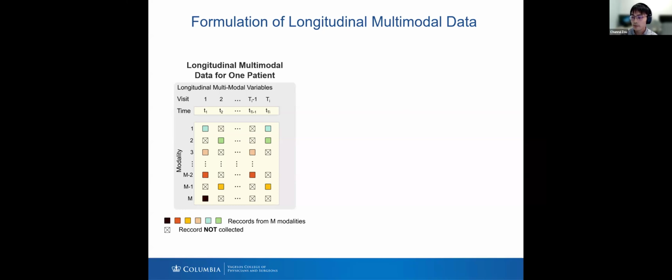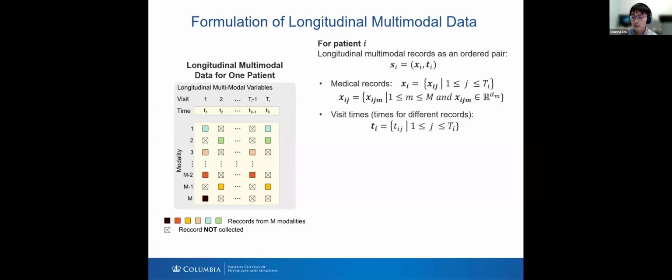For each patient, we can represent the longitudinal multimodal data as an ordered pair consisting of the records and their corresponding time points. This data is indexed by both time and modalities. When there is only one visit or one time point for data collection, the data becomes cross-sectional.